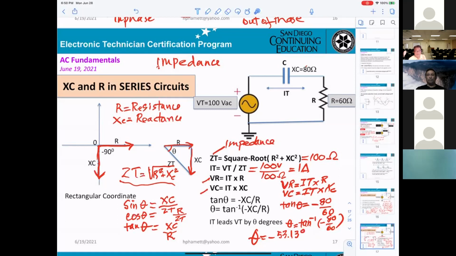So if you want to calculate the total from VR and VC, you must use the formula: VT equals the square root of VC squared plus VR squared. Exactly, they're not in phase.